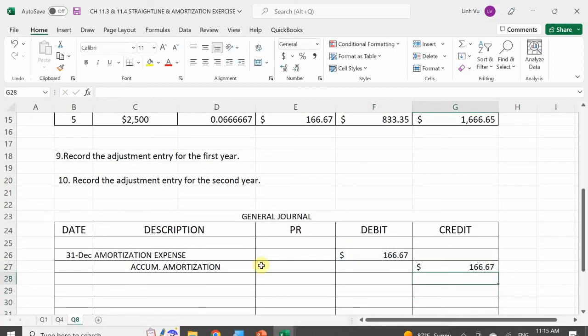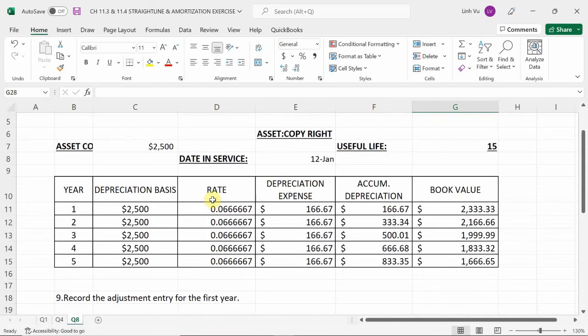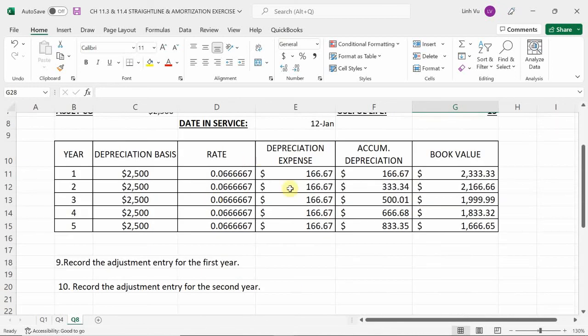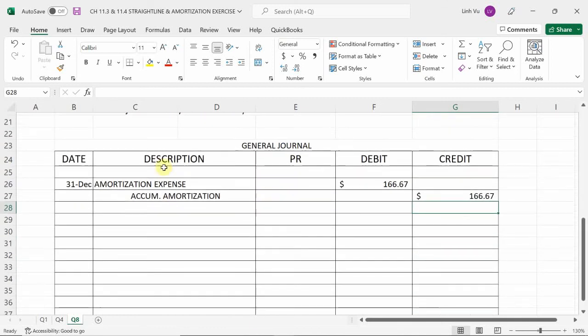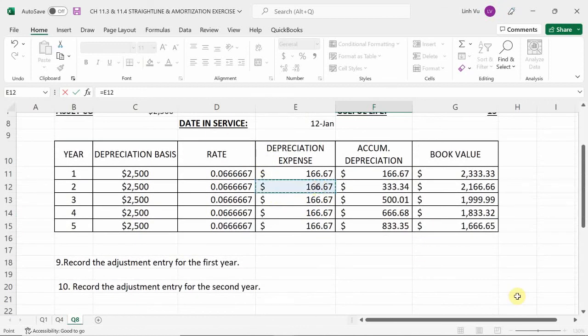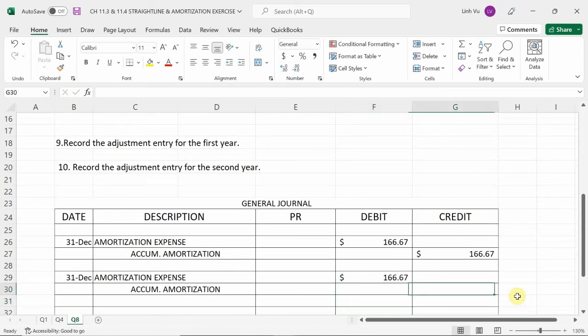So therefore, what should my journal be for the second year? How much did I depreciate for the second year? 166.67. Yep. So in this case, it's going to be an identical journal here, and the number is going to be the same as this one, right, for the second year.